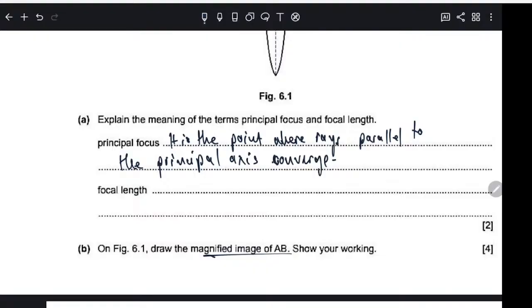It is the point where the rays that are parallel to the principal axis meet. They converge after passing through the lens. If you are just a flat line and you pass through the lens, you are going straight to the principal focus, my friend. Whoop, whoop, whoop.